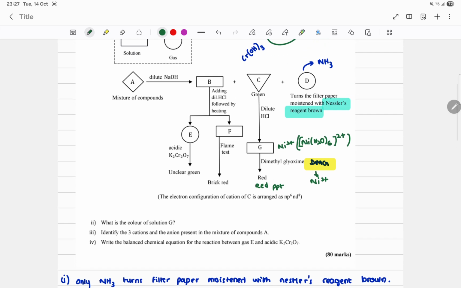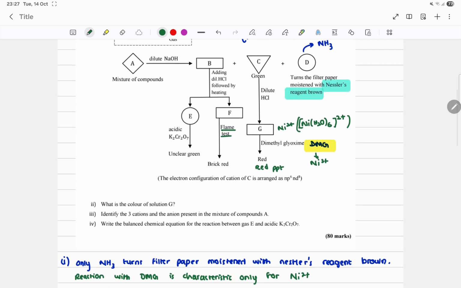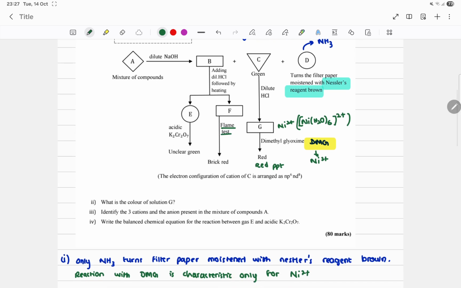Then B. From the flame test, brick red color is given. We know that crimson red is given by lithium, and brick red is given by calcium.